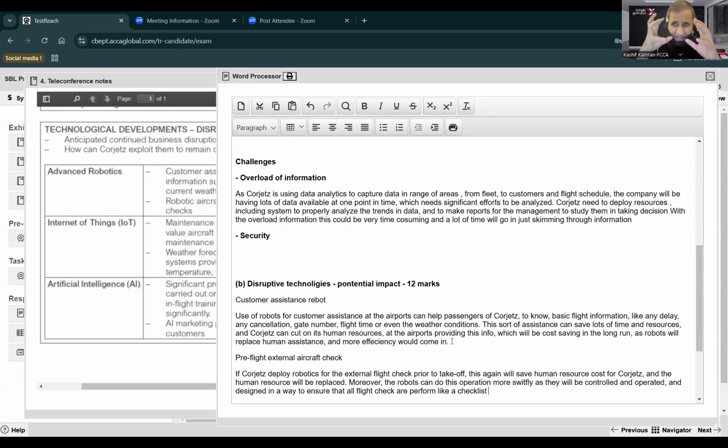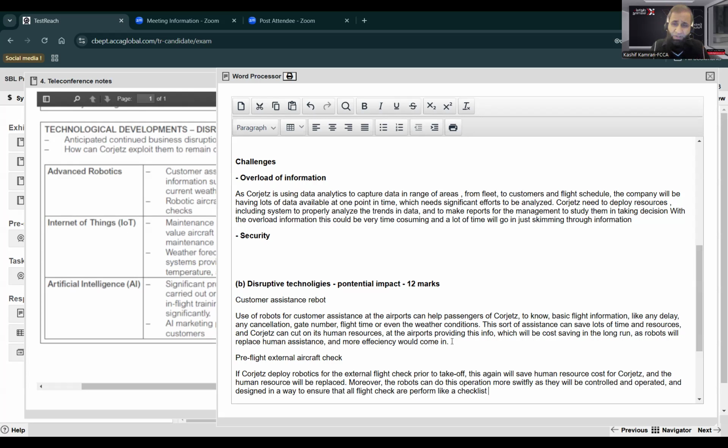So you can feed a checklist into the robot, so the robot knows which part of the aircraft it needs to check before giving the final assurance that this particular aircraft is fit for flying. So you can just feed in a checklist, and then the robot can go according to that checklist, doing all the possible checks, and then giving you an assurance that this flight is safe to fly.